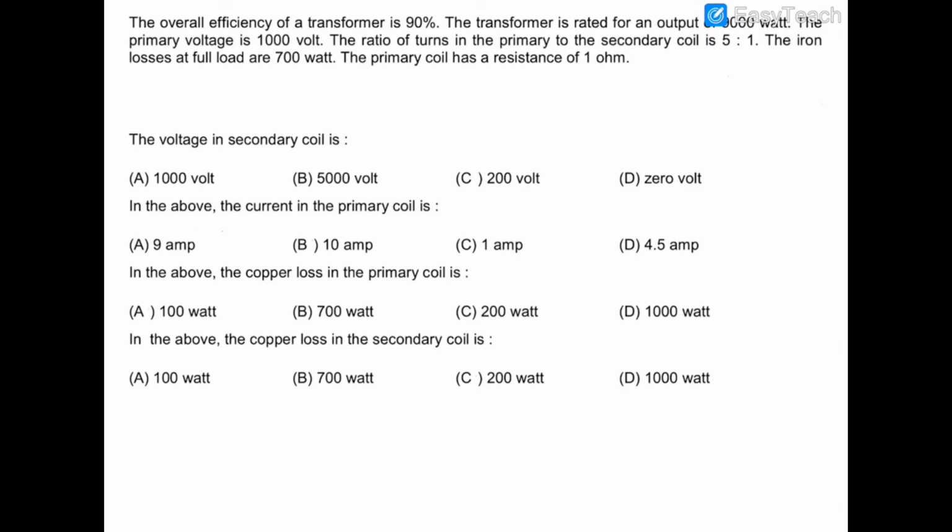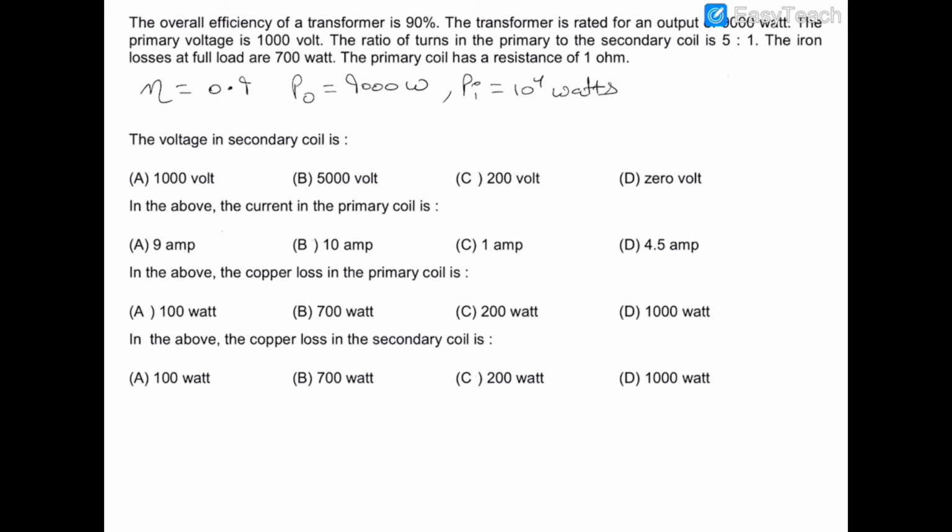This is a very good question which has many parts, and it would almost complete your concepts about the transformer. So the first thing which is given in this case is the efficiency of a transformer is 90%, which is 0.9 in fractions, and the output power of this transformer is 9000 watts. If we analyze the efficiency and the output power, we know that efficiency is equal to output power upon input power. So we can say that input power will be 10 to the power 4 watts, which is 10,000 watts.